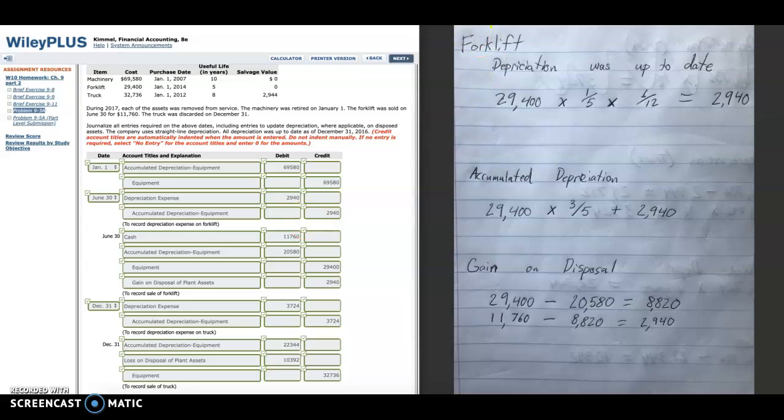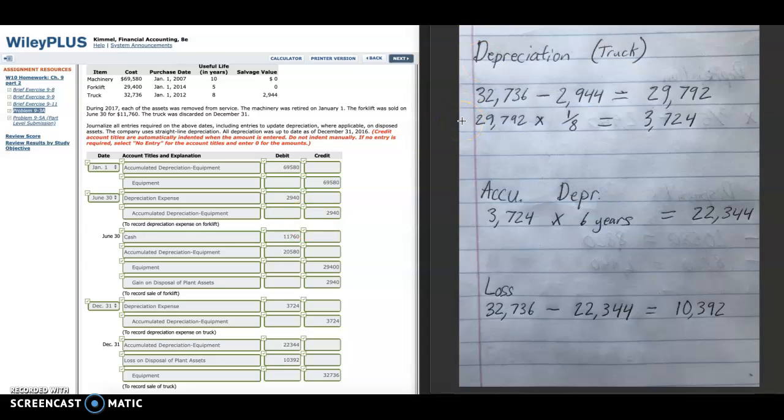And so to do that, we're going to take the value of the truck, $32,736. In this case, we have a salvage value of $2,944. So we need to subtract from the actual cost of the truck $2,944, which equals $29,792.